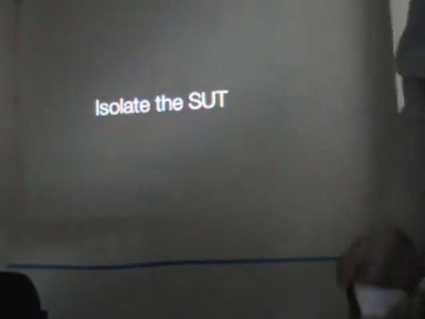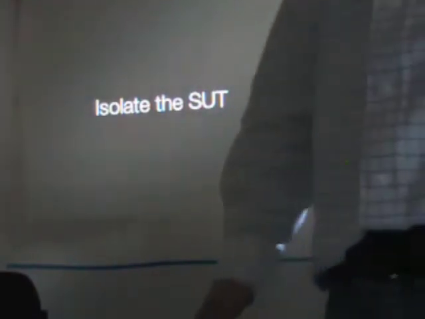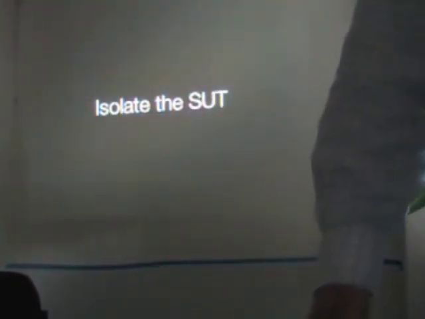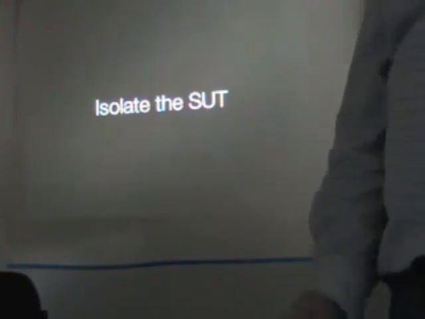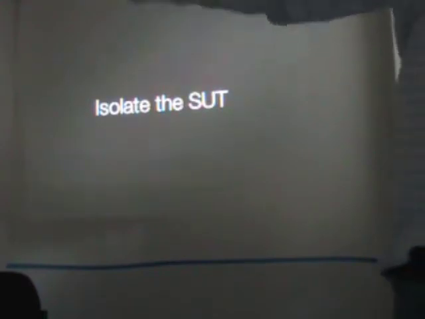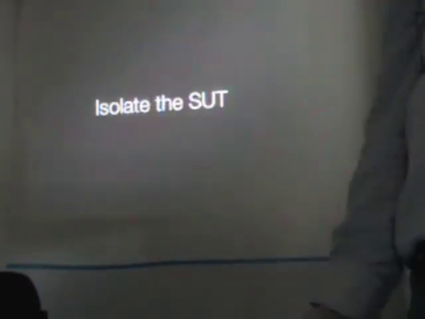Isolate the system under test. We already saw how we use mocks to isolate. Isolation is a good thing. We always depend on things which are more abstract, so the direction of the dependency arrow is always towards something more abstract. Having this layered architecture, dependencies are always going down, right?